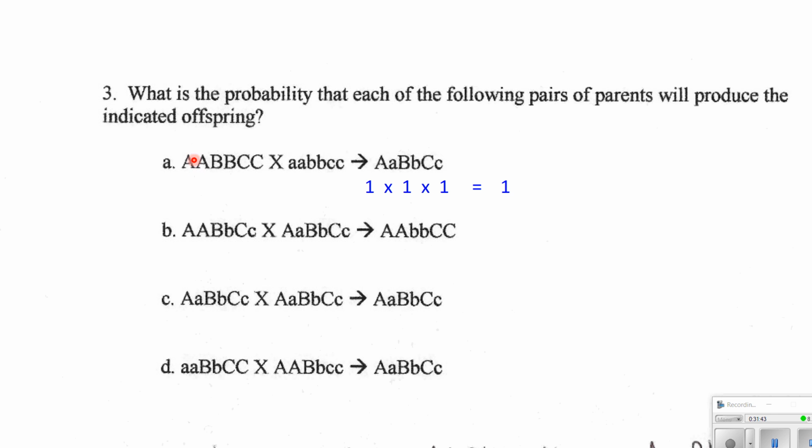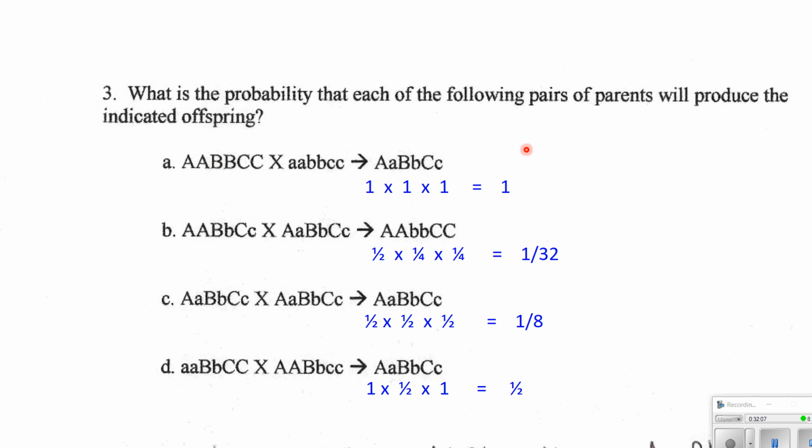So this is a probability of 1 that I'm going to get a big A, and this is a probability of 1 that I'm going to get a little a. So 1 times 1 is 1. And you can see that all three of these are going to have a probability of 1, which means this is the kid that will always be produced when these two parents mate.